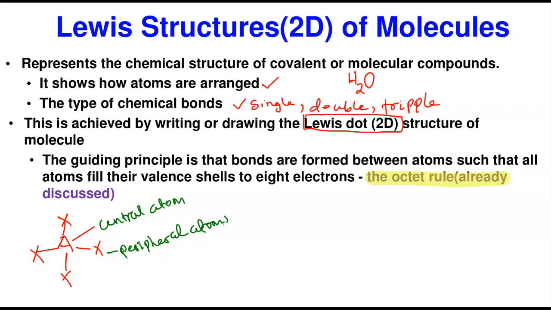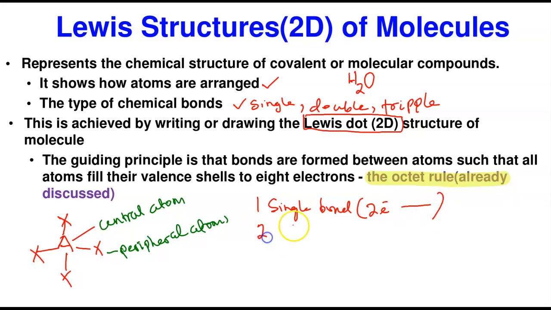Now, again, I said these bonds could be of 3 types. There could be a single bond. Every single bond represents 2 electrons. So anytime you see a single bond like this, it's 2 electrons.